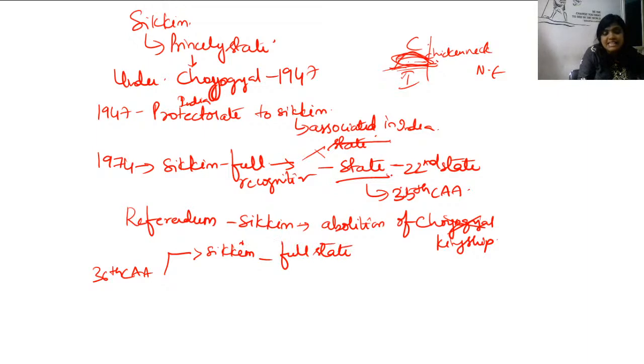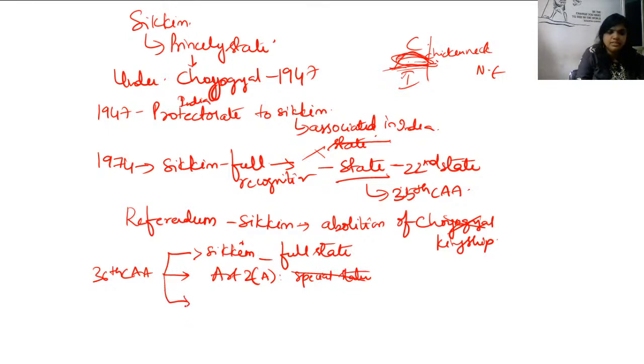The 35th cancelled the associated state recognition, the 36th gave the full state recognition to Sikkim, and Article 2A, which was about special status to Sikkim, was also repealed.